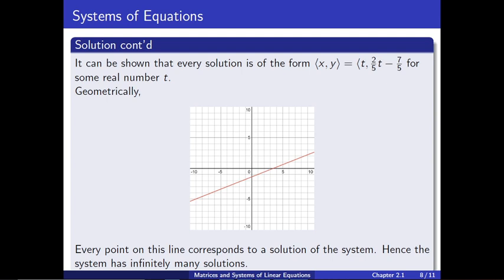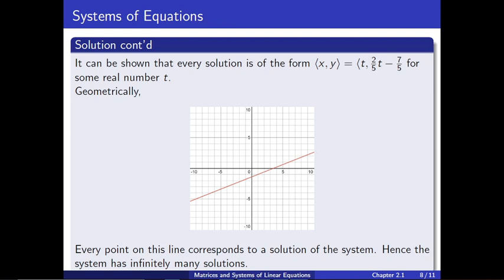That means that any point that you pick is a solution to the system. Because this line is an infinite set, we have infinitely many solutions.